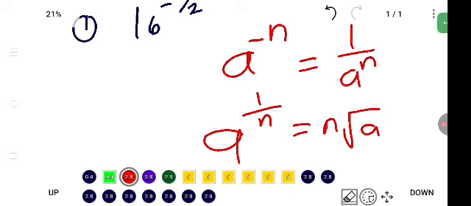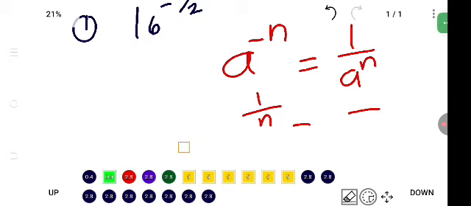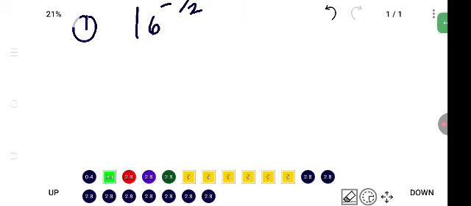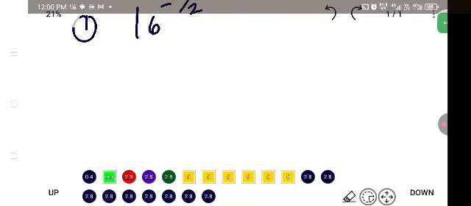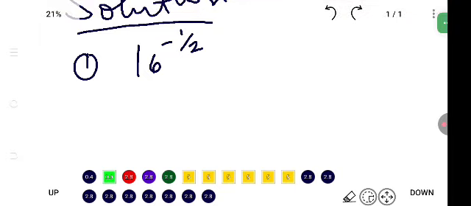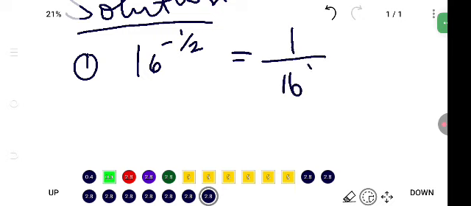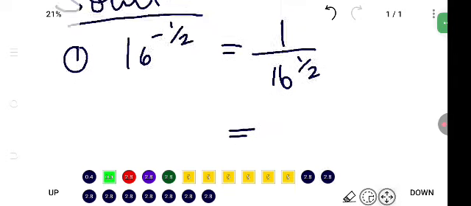So like now we're having 16 raised to power minus 1 over 2. The first thing we do is to take the reciprocal of that. So this is going to give us 1 over 16 raised to power 1 over 2. Then we now apply the fraction index.